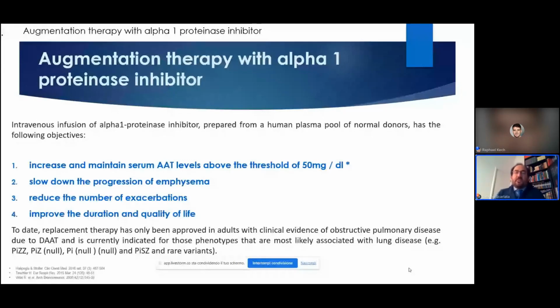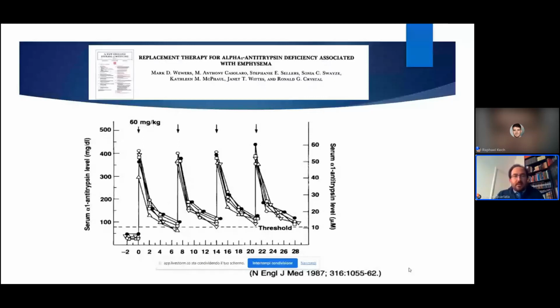Here are some very brief data on the features of the replacement therapy. This is very good in restoring adequate alpha-1 antitrypsin circulating levels with concentrations that remain therapeutic for up to 7 to 15 days.